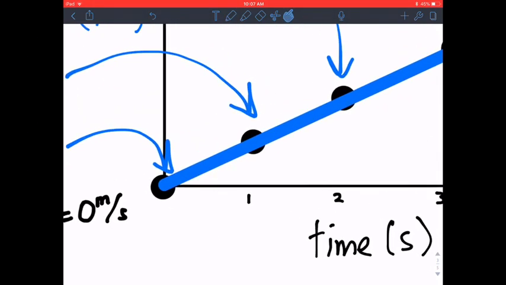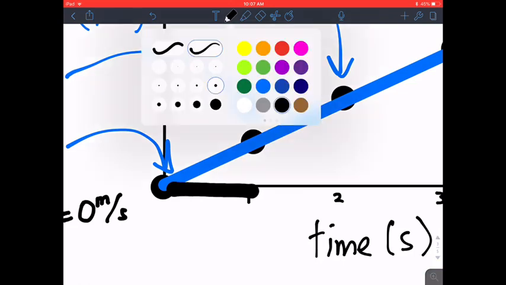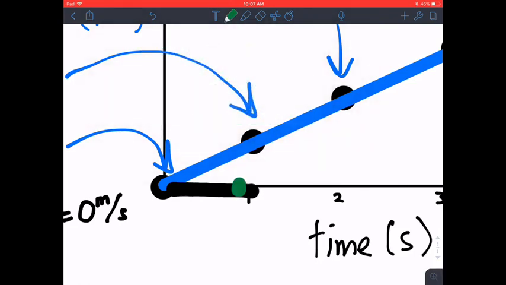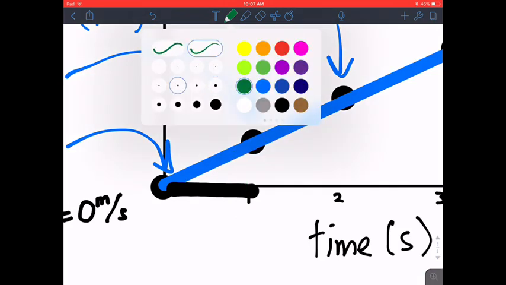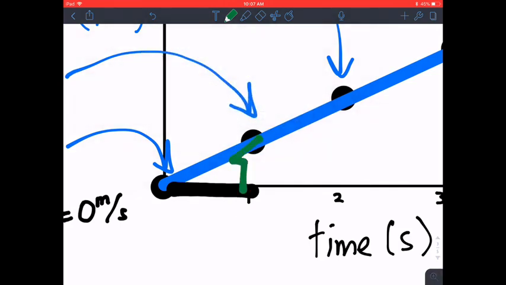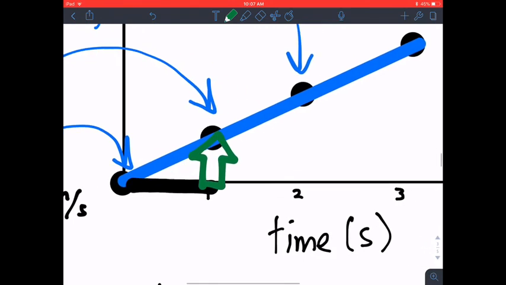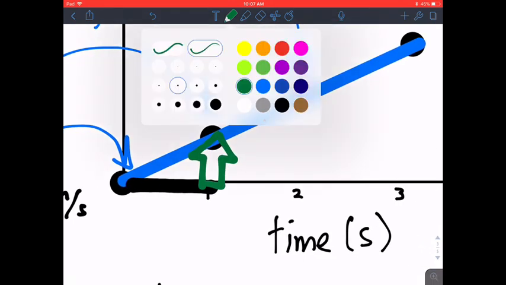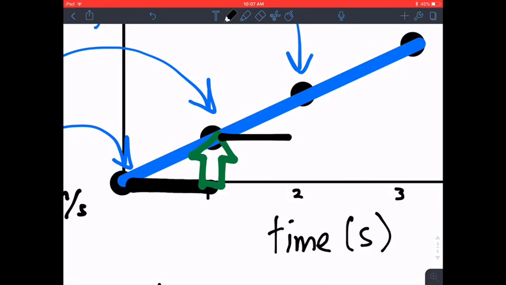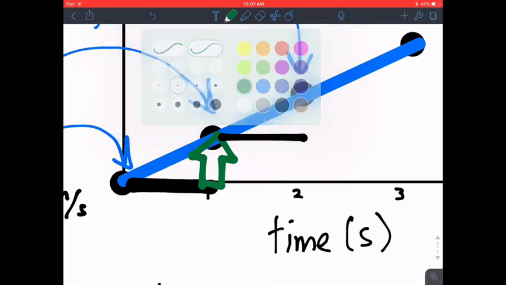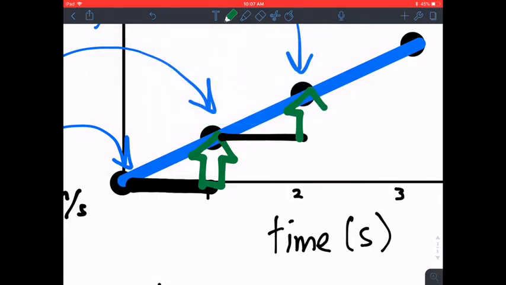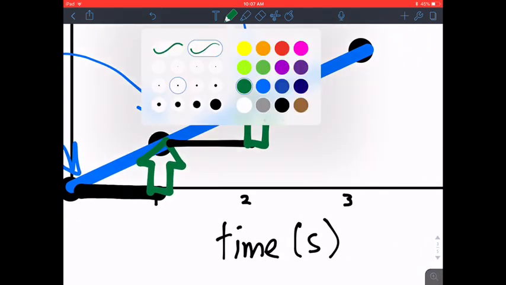If we think about it, that means that if we go over 1 second, the amount that we go up is going to be the acceleration. If we look at the next second, we go over 1 second, the amount that we go up is the acceleration.